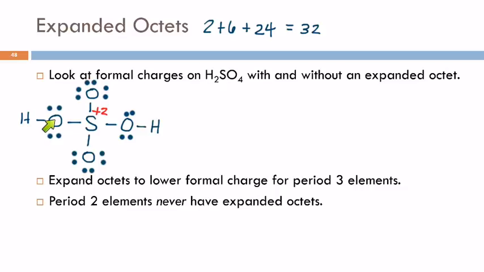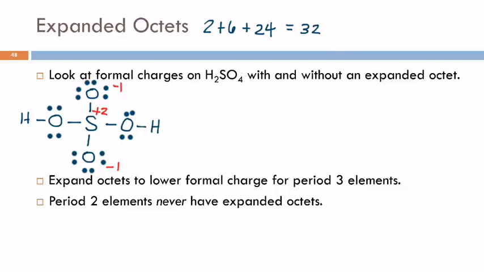Oxygen has 6 valence electrons. In the breakup, it gets 2, 4, 5, 6. That one's 0, this one's 0. But these oxygens are not going to be 0. They're going to be -1. And we say, well, the negative charge is on the more electronegative element. What's the problem?